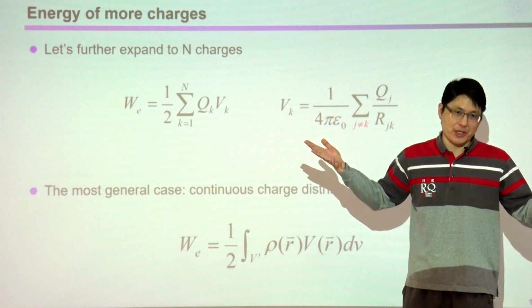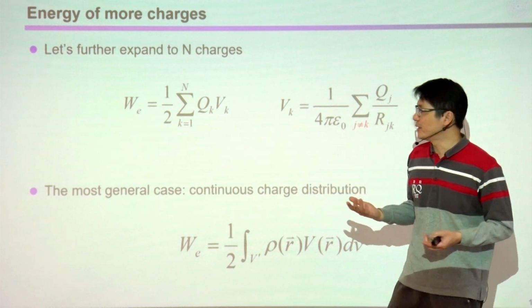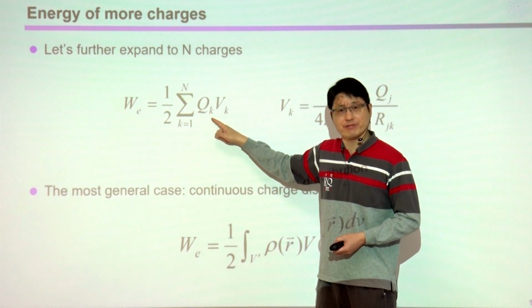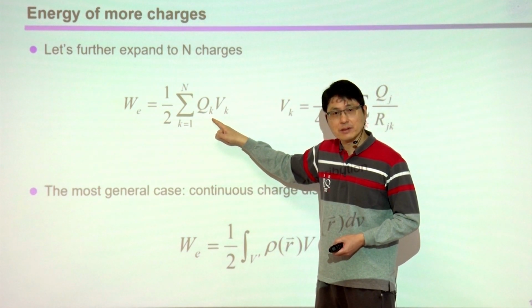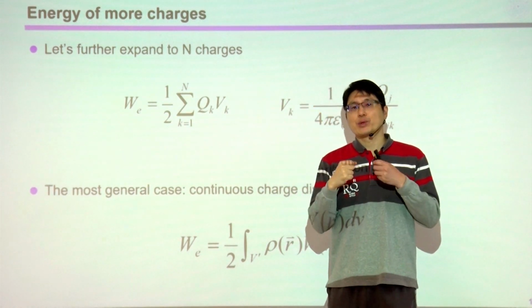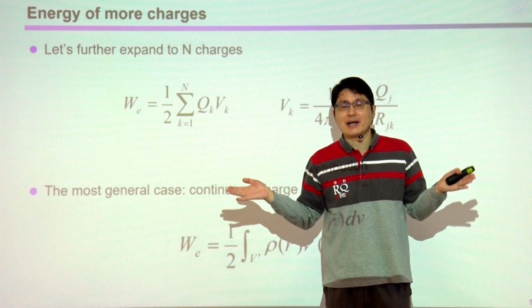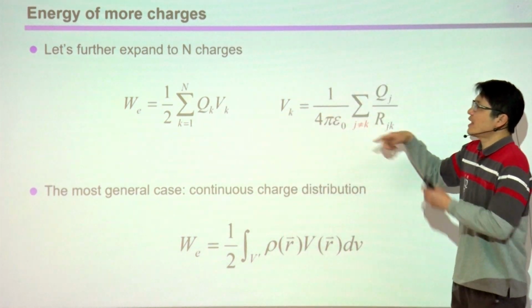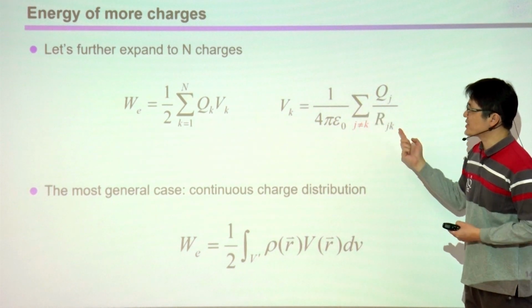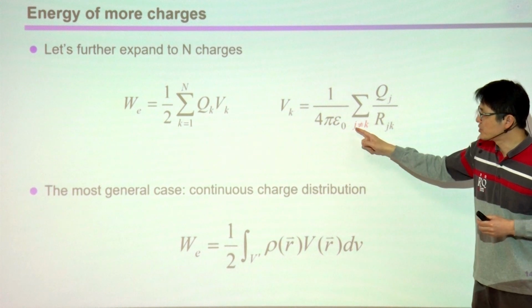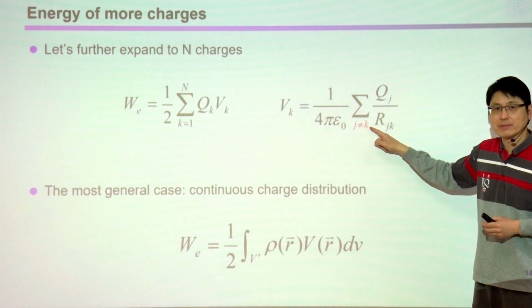Suppose you have 10 charges and you're trying to calculate the energy portion for the 5th charge, so k equals 5. The 5th charge has to work against the other 9 potentials, right? So this potential Vk is actually another summation of all the potentials of all other charges, where j does not equal k.